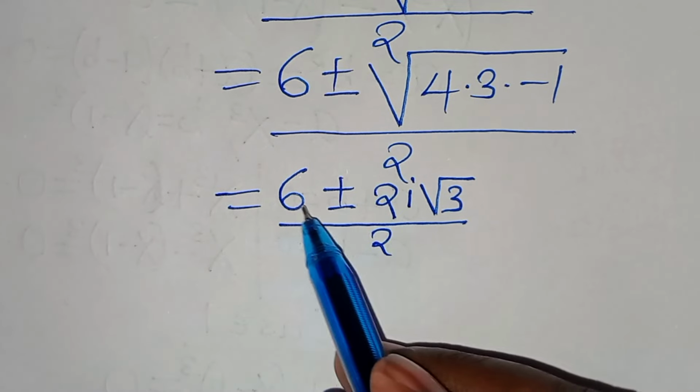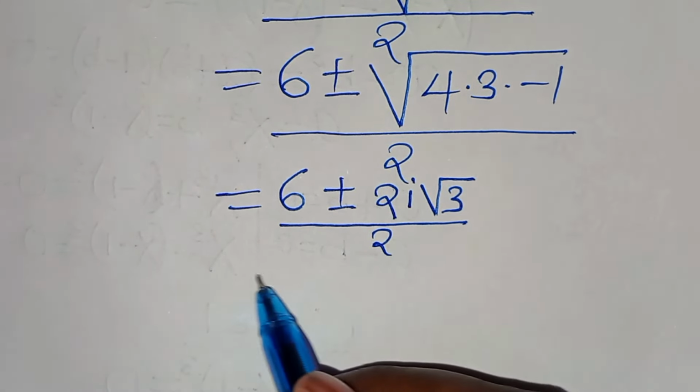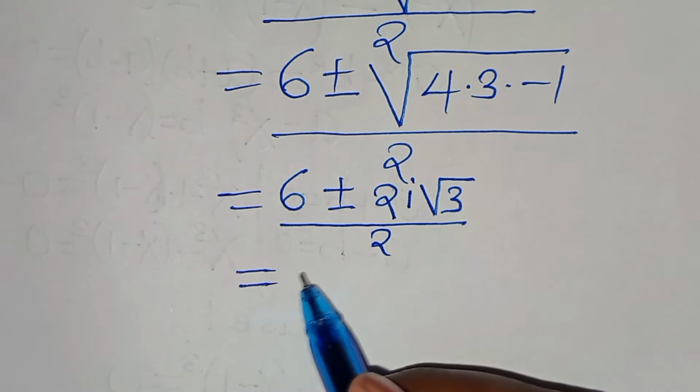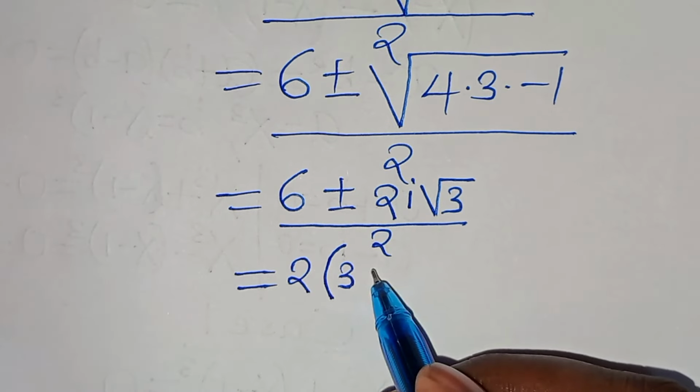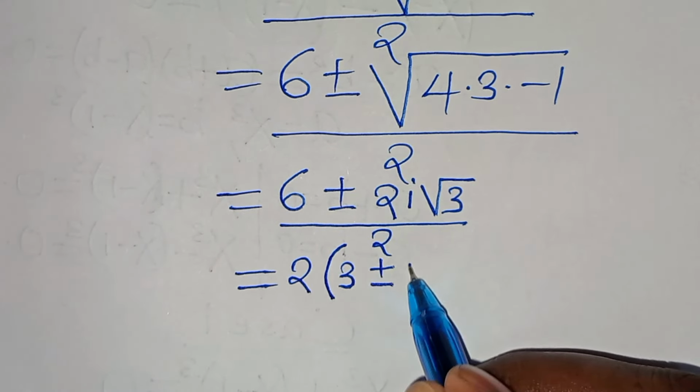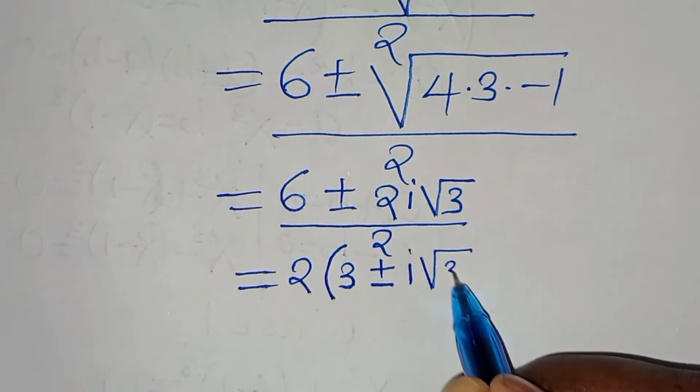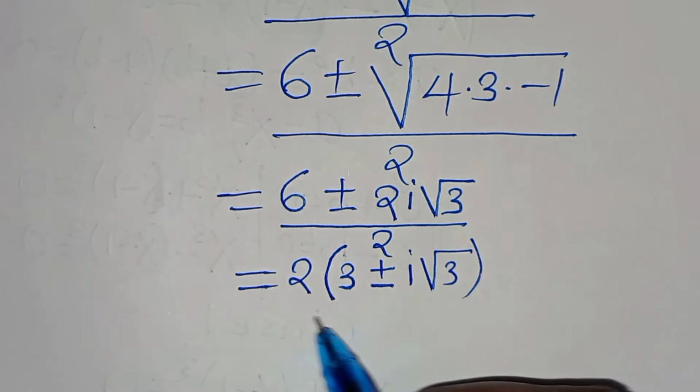So in the numerator, we have that 2 is common. So we can factor out 2 so that in the parentheses, we have 6 divided by 2, this is 3, plus or minus i square root of 3, everything divided by 2.